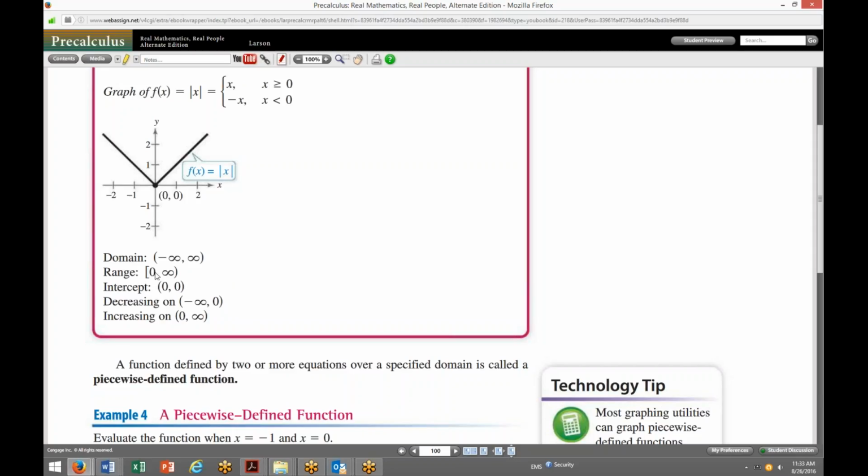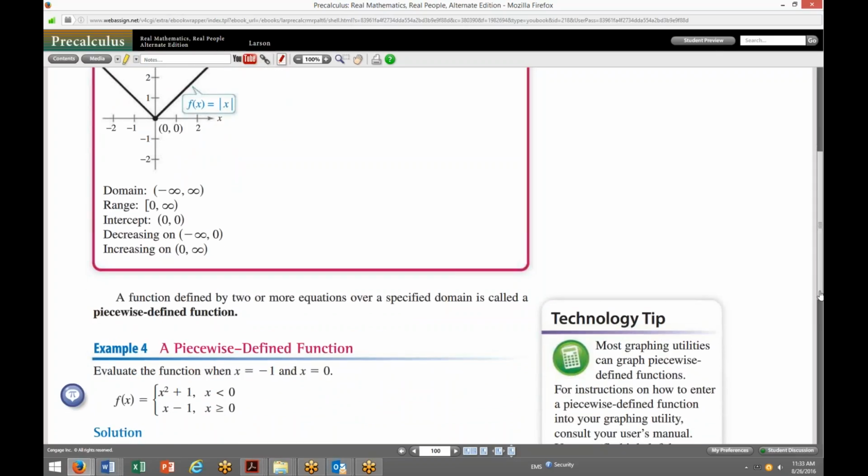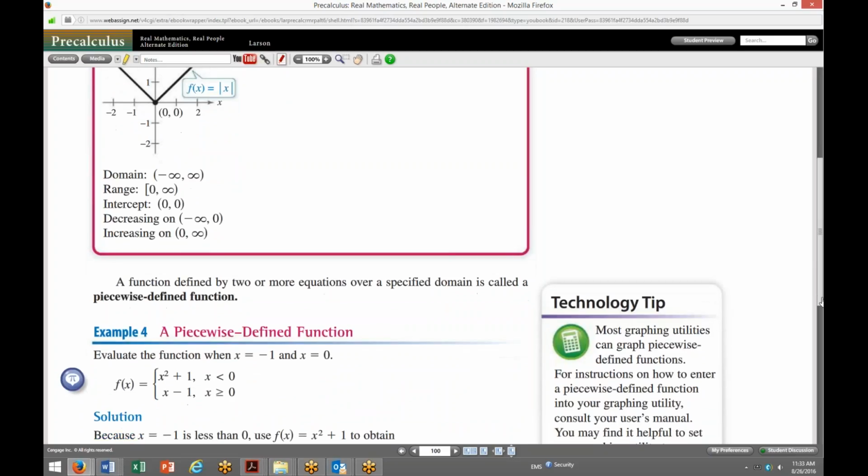So the range starts at 0 and goes to positive infinity. And since it includes 0, notice the square bracket on the left of 0, and always with infinity, the rounded bracket. It has only one intercept: the x-intercept and the y-intercept is the origin, 0, 0.